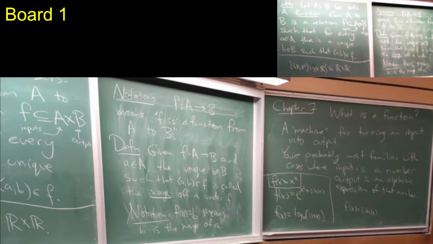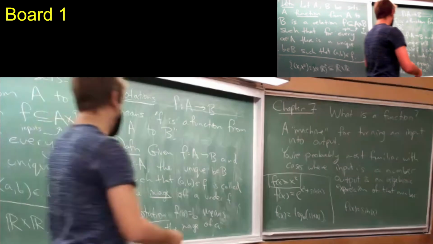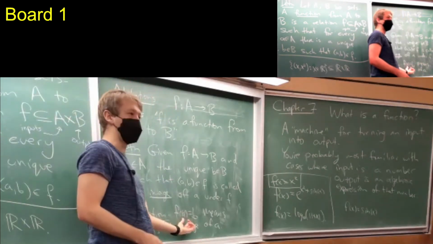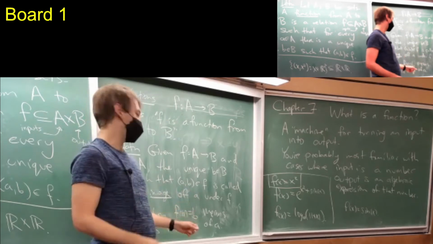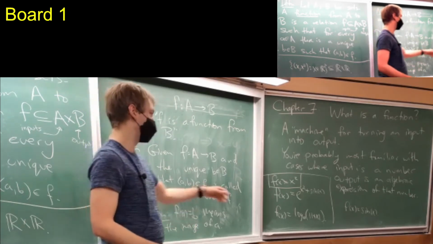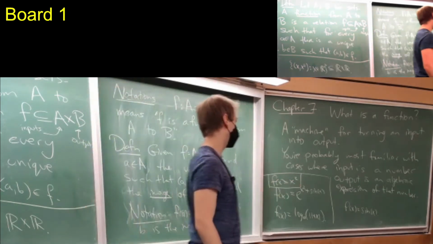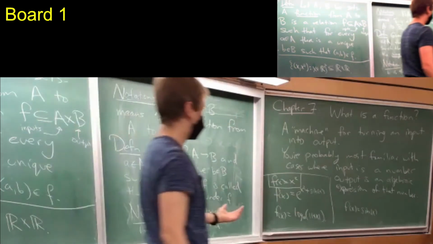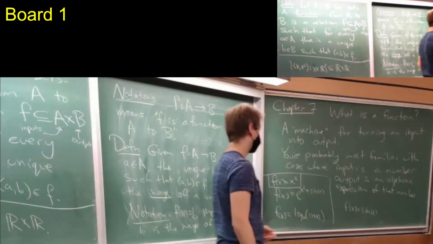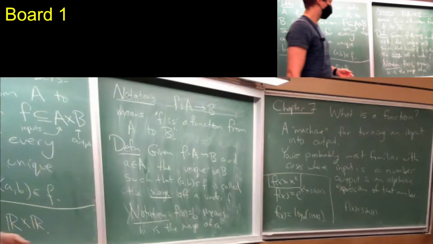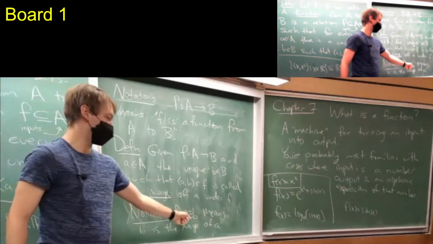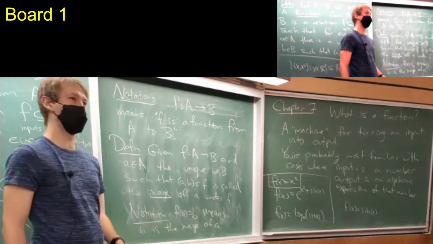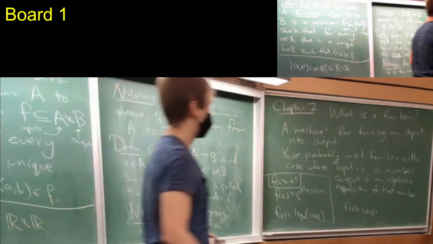This is the way that you're used to writing functions. And I guess what I'm saying here is you can still write functions in this way, where you write f of x equals x squared. That's a valid kind of definition of a function. But what it really means is that the image of x is x squared.